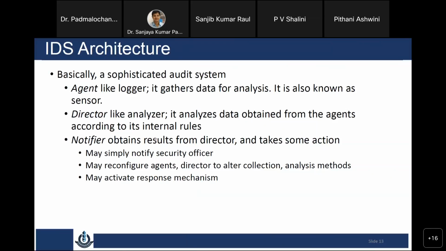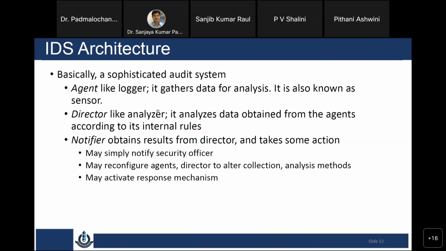Okay, if you see the architecture in general, you can say that it is a three entity system. First entity is the agent. It gathers the data for analysis from the network or from the system. Then you have an analyzer. It analyzes the data obtained from the agent.